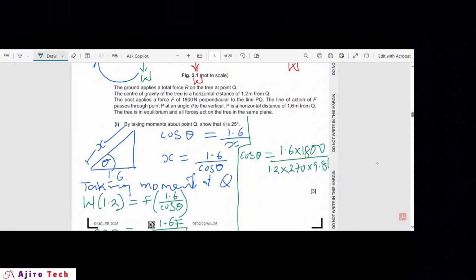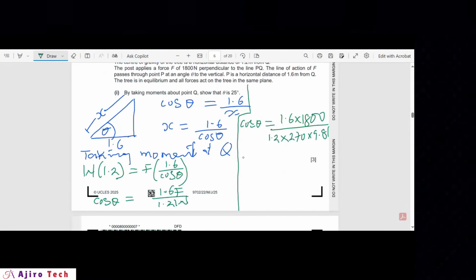Don't forget that's our gravity, 9.81. So if I use cos inverse, our theta will give us cos inverse of 1.6 times 1008, everything over 1.2 times 270 times 9.81.